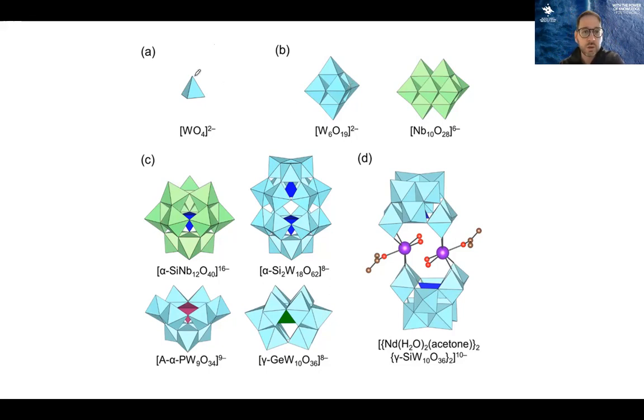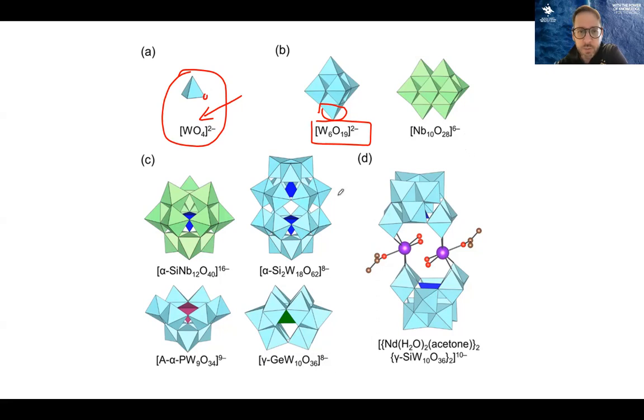So here we have a polyhedron comprised of a tetrahedron of tungsten surrounded by 4 oxygen atoms, and the polyoxometalate can then be represented this way, in which each of these tetrahedra contains one of these units, and the oxygen atoms present here can be shared among neighboring polyhedra.